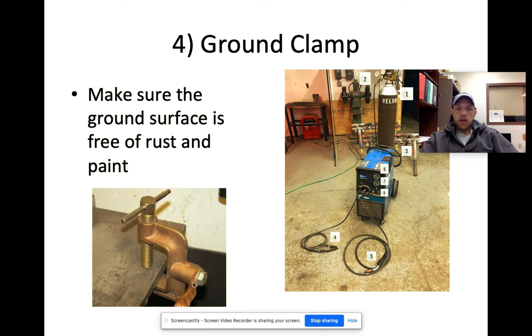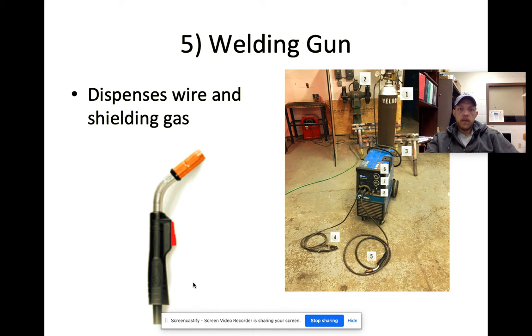Just like with stick welding, we want to make sure that the material we're welding is free of rust and free of paint. That is going to ensure the best flow of electrons through that system, and a clean ground is the best way to start.